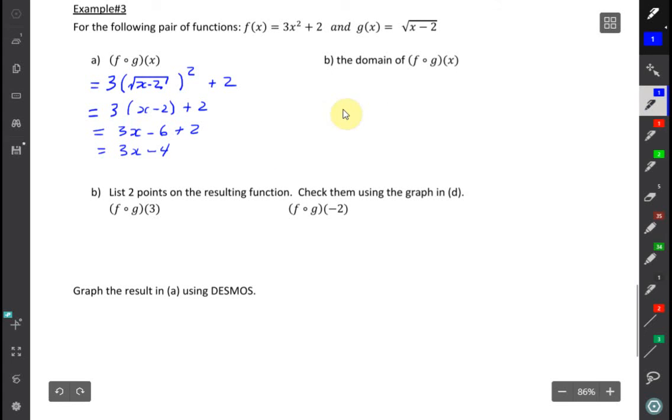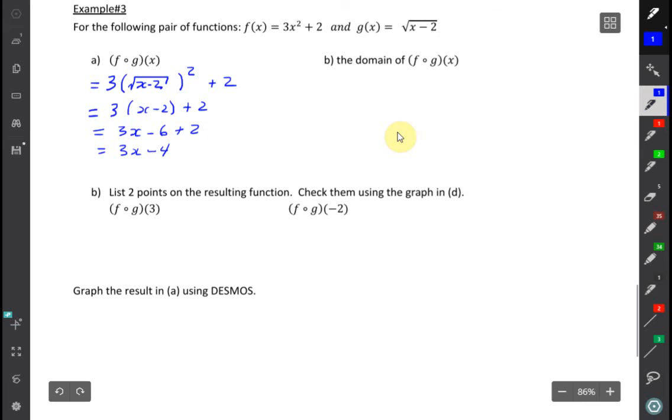Now, considering the domain, this question illustrates the need to go back to the original functions and consider them carefully. Even though this is a linear function, and so we might think its domain is x element of R, remember that it's a result of these two functions put together where g at x is the input. And remember that g at x is where the domain comes from, and this does have a restriction.